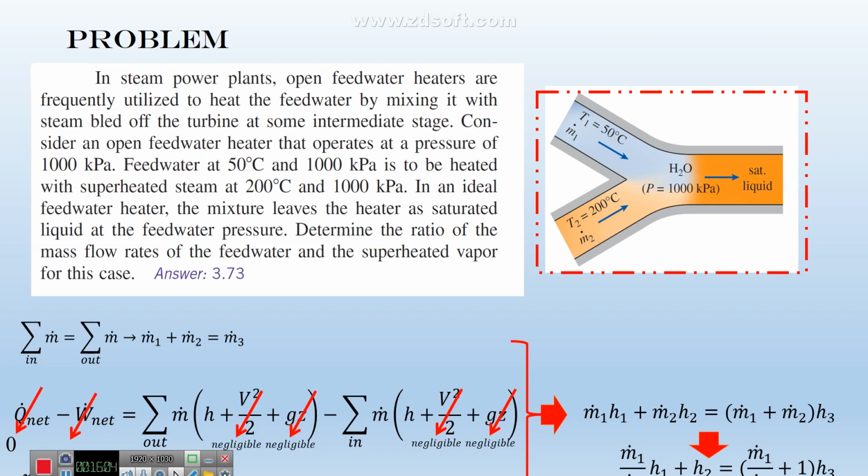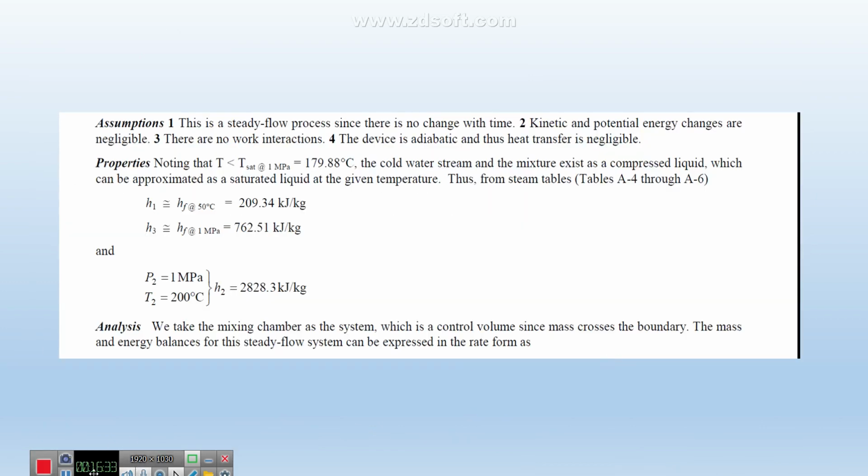This is probably compressed liquid, so you can check the saturated table for water for this one. This one, you know that this is superheated. You have the temperature and pressure, so check the superheated table to find h2. And this one is saturated liquid, so you need to check the saturated table to find h3. Okay, please spend 5 minutes to find h1, h2, and h3, and then we can solve the remaining part.